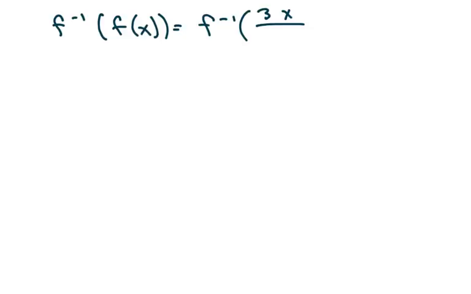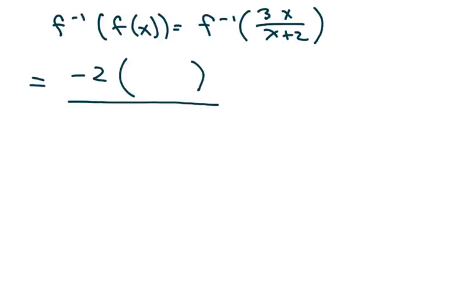Now we also have to do f inverse composed with f of x. So I've got f inverse, and my f of x happens to be 3x over x plus 2. So this is going to give us negative 2 times x over x minus 3.